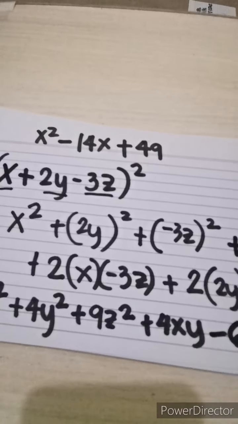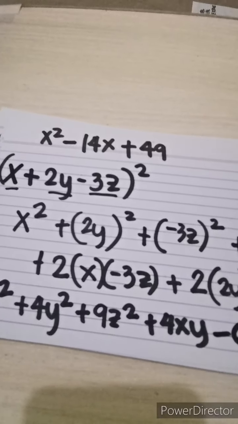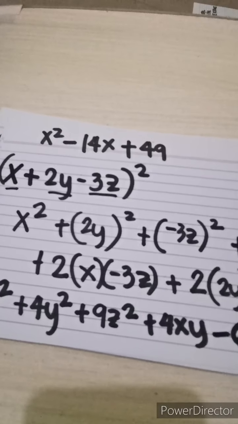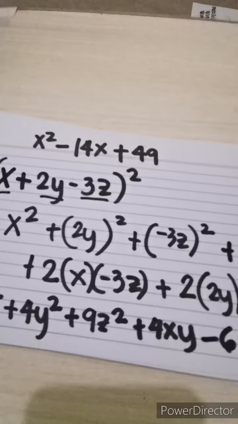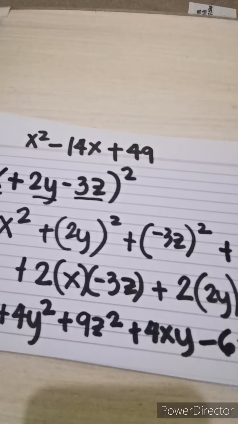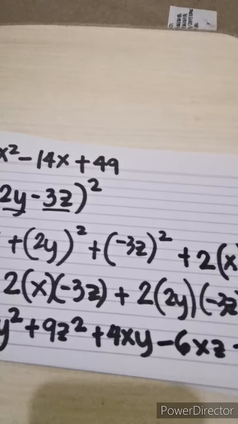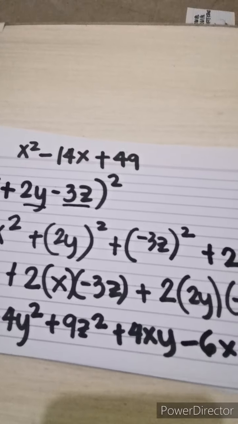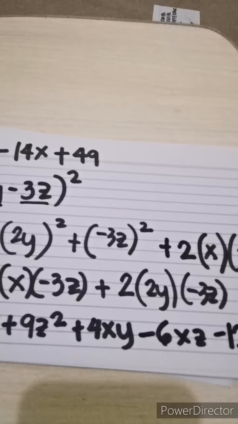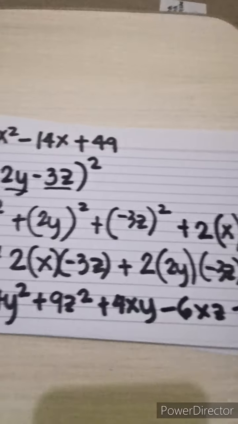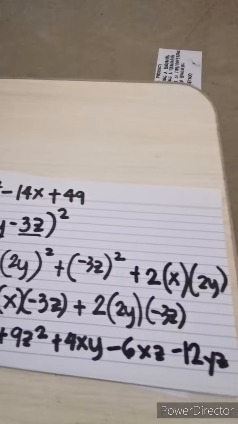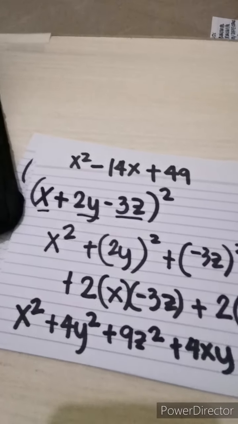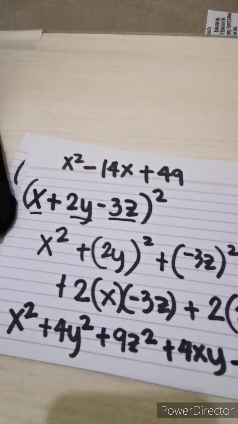And then, the next is 2 times the value of the first term, which is x, and the value of the last term, which is negative 3z. Okay? Next, we have 2 times the value of the second term, which is 2y, and the value of the third term, which is negative 3z. And then again, we simplify. So now we have the answer for the squaring of a trinomial.